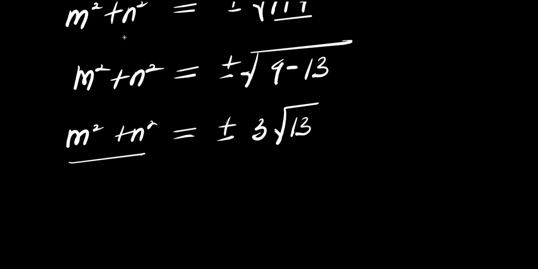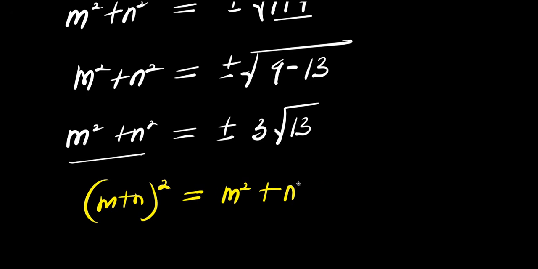Now, let's consider this other identity. If you have (m plus n) raised to the power of 2, this equals m^2 plus n^2 plus 2mn. And remember, our mn equals 3.